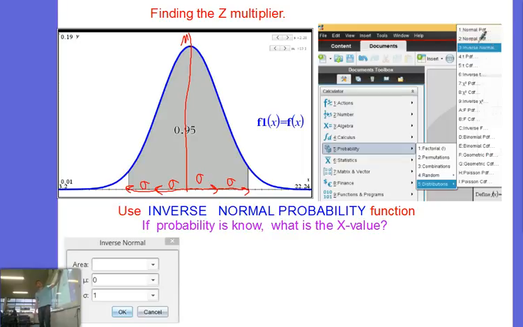You've got your normal CDF, which you'll use in Methods and in Specialist next year, okay, to work out the probabilities of observing certain x numbers from a normal distribution, and then there's the inverse normal function, and it gives you this little window.